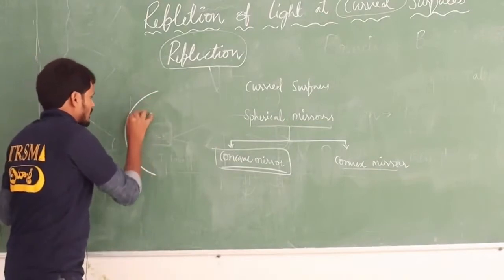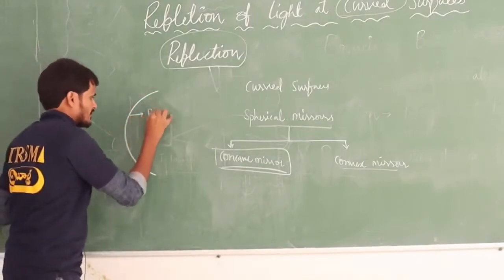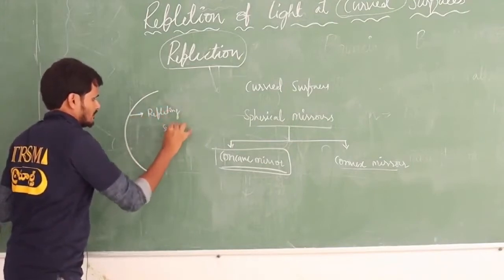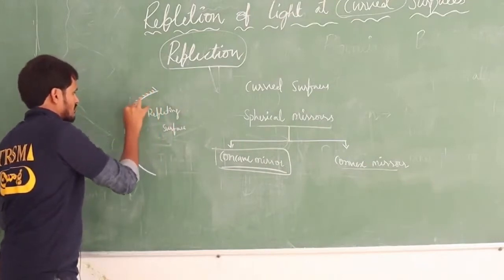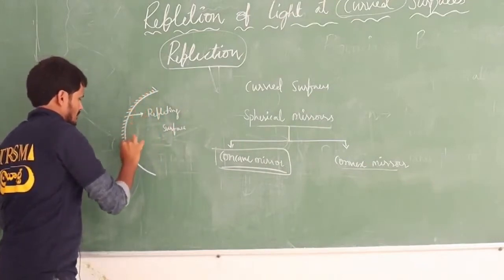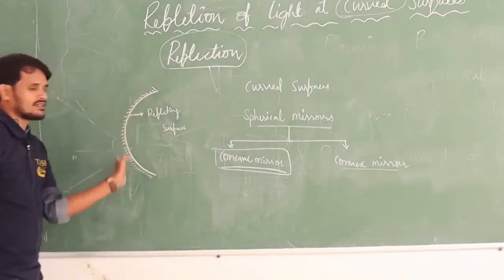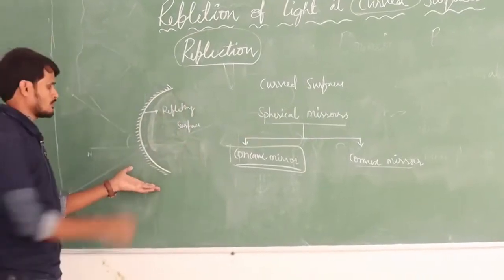Now the inside is the reflecting surface. These lines represent the coated area. Light should not enter there. Reflection takes place inside only, not outside.